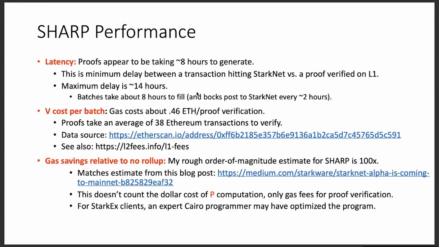And for the StarkEx clients, I suspect, and they mentioned it in the blog post announcing Cairo, that an expert Cairo programmer might be writing the program for a StarkEx client, whereas a StarkNet person is writing the Cairo program themselves. They talked about optimizations being done in the Cairo program, and that's probably coming from an expert programmer.